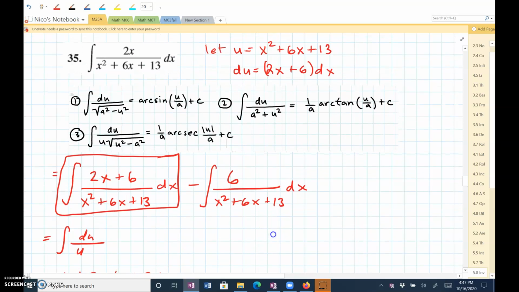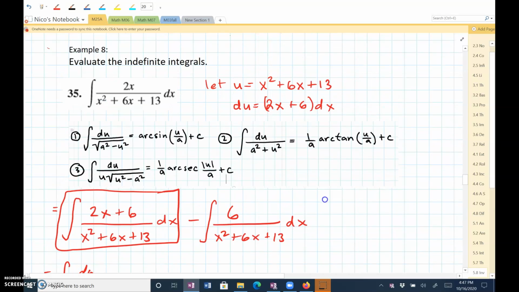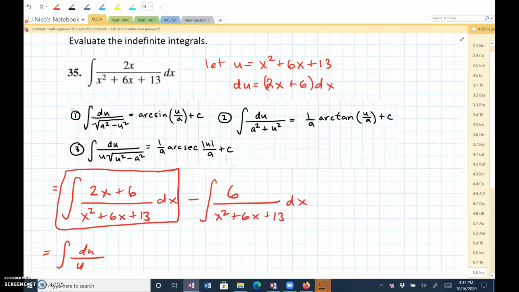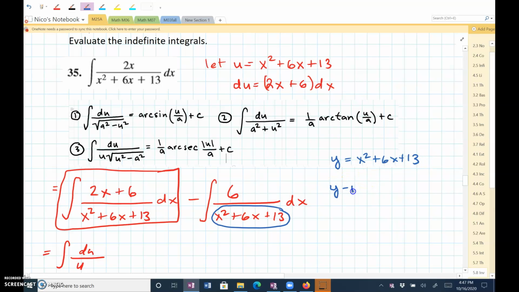So we have that half of it. The other half here, this guy, I'm going to have to complete the square. So I'm going to say y equals x squared plus 6x plus 13. I'm going to move the 13 to the other side. Then I'll put plus c on both sides.